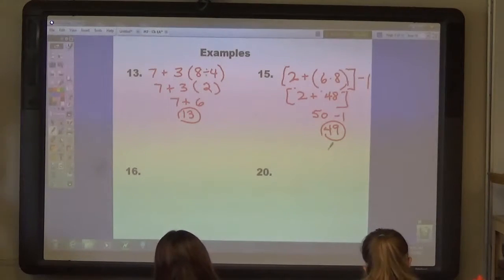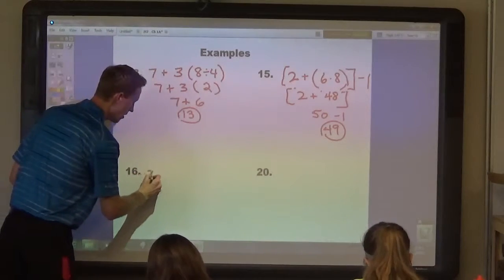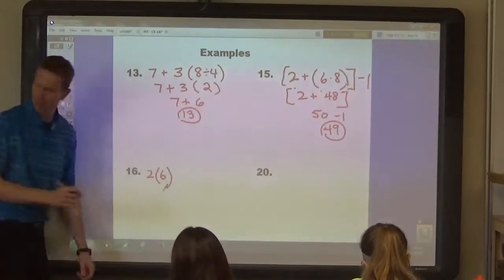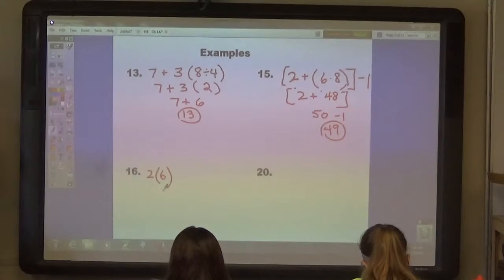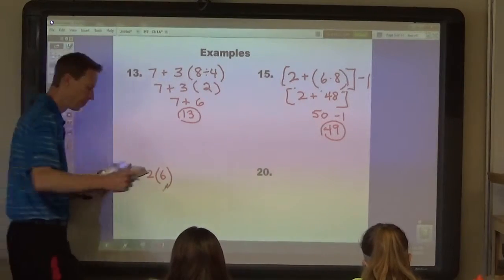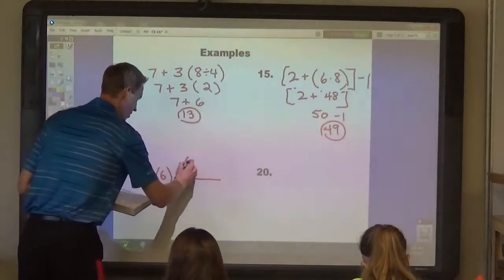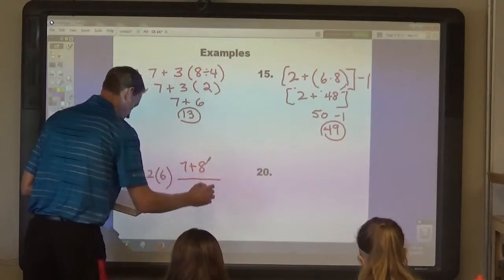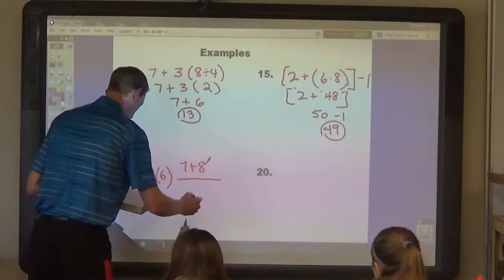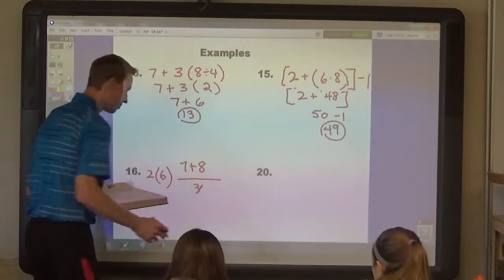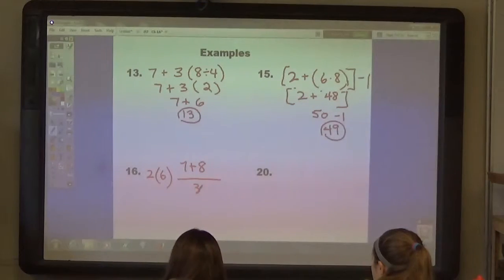Number 16. This one has something in it I wanted to show you. 2 times 6 plus, and there's a division bar. 7 plus 8 over 3.